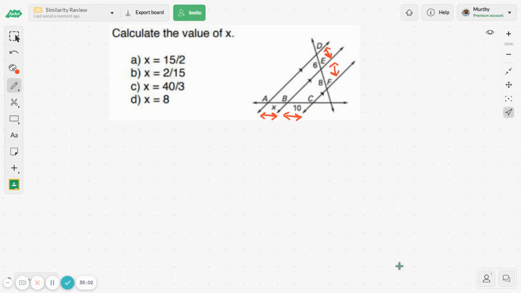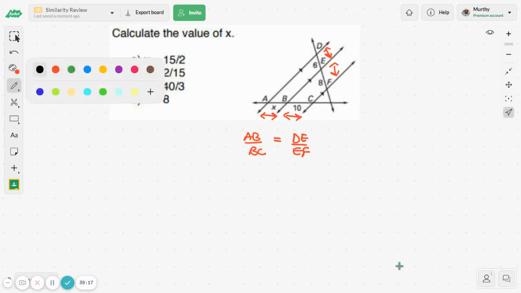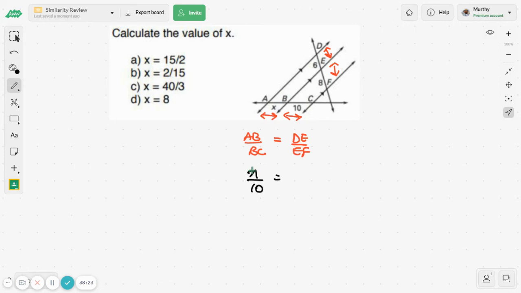If I take AB over BC, the other side it is DE over EF. Now just plug in the values. It is as simple as that. AB is X, BC is 10 units, DE is 6 units, and this one is 8 units.